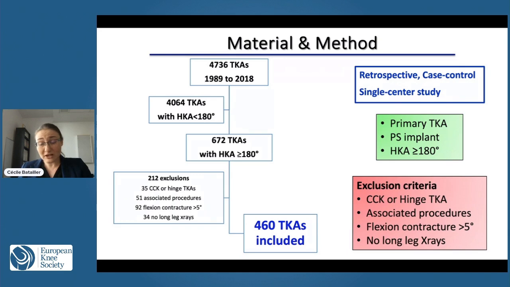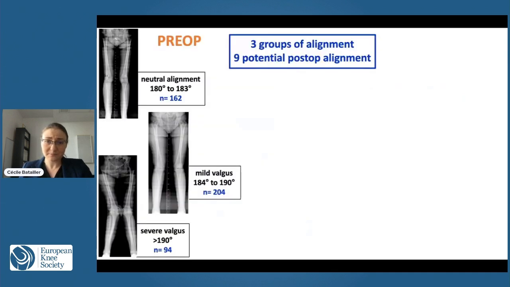We excluded flexion contracture superior to 5 degrees because it's more difficult to analyze the X-ray with a high flexion contracture. And we excluded, of course, patients without long leg X-ray because on the AP view, you can't analyze the deformity. So we included 460 patients, and we classified every patient in three groups of alignment preoperatively.